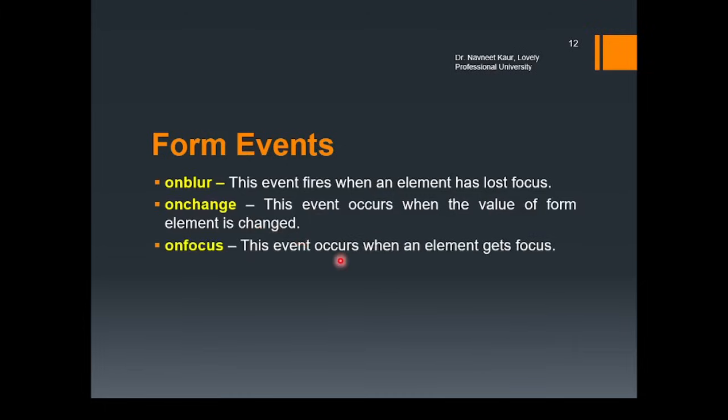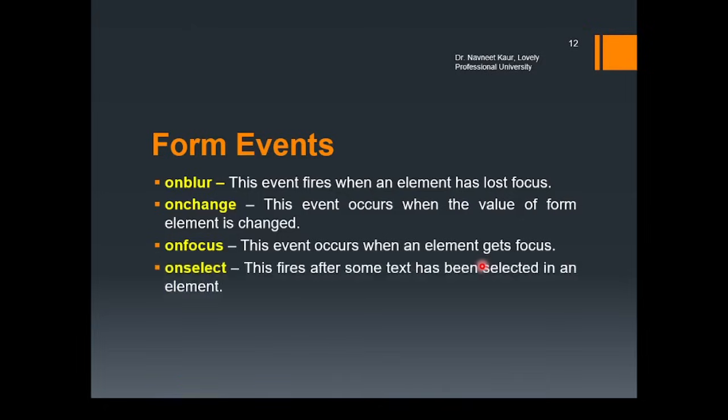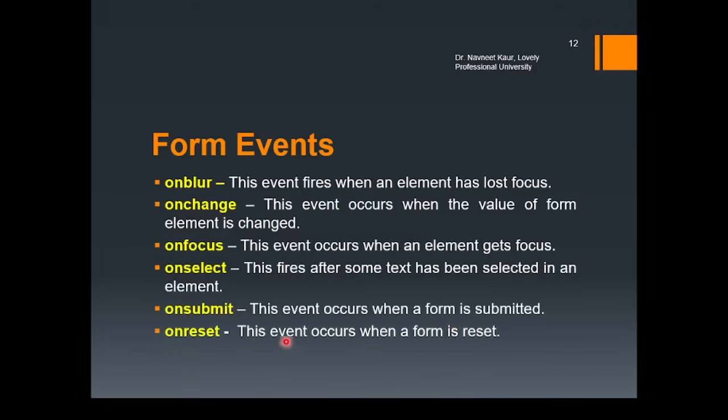On focus occurs when the element gets the focus. On select fires after some text has been selected in an element. Then we have on submit. This will occur when a form is submitted. Finally, we have on reset, and it will occur when a form is reset. We will implement these events one by one now.